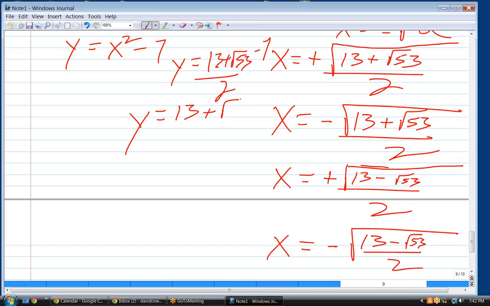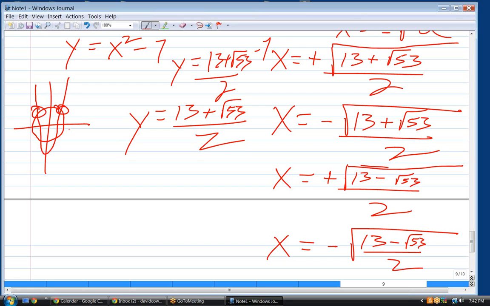And if we go back and look at our picture, we would expect two of the y-coordinates to be equal. Remember that we're looking at a picture like this, and everything is symmetrical. So this y-coordinate should be equal to that y-coordinate. And that's what we're finding. Those two y-coordinates for the two different x-coordinates are the same, and these two y-coordinates are going to be the same.